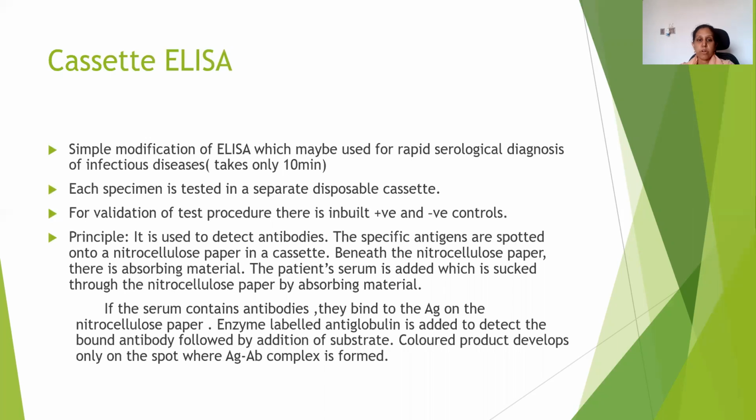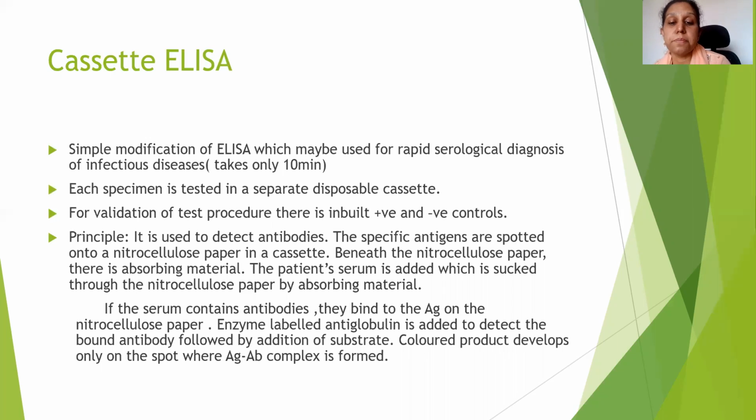It is a simple modified ELISA that may be used in rapid serological diagnosis, and is tested in cassettes. So what's the principle? It is used to detect antibodies. The specific antigen is spotted onto the nitrocellulose paper in a cassette. Beneath the nitrocellulose paper, there is absorbing material.